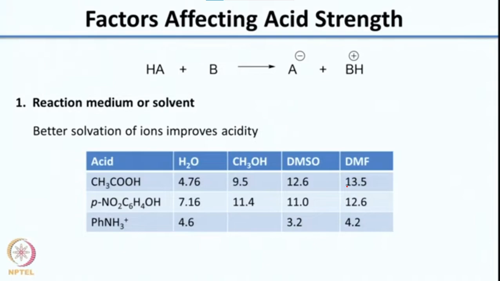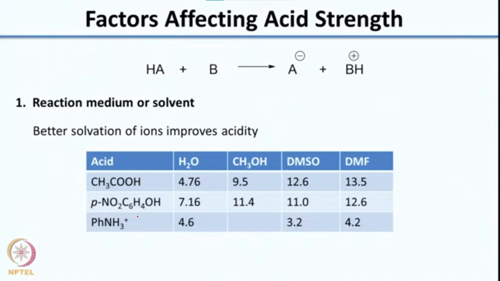This is because of the solvation. The solvation is not good in DMF, DMSO and methanol, whereas in water the solvation is very good. That's why the acidity is very high compared to the other solvents.